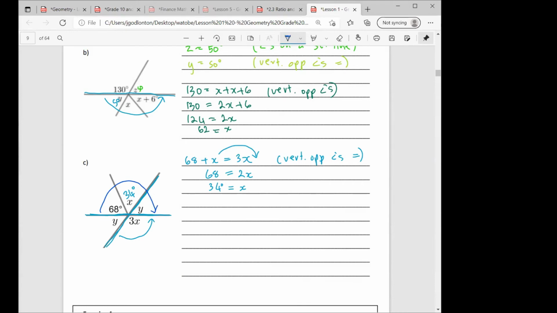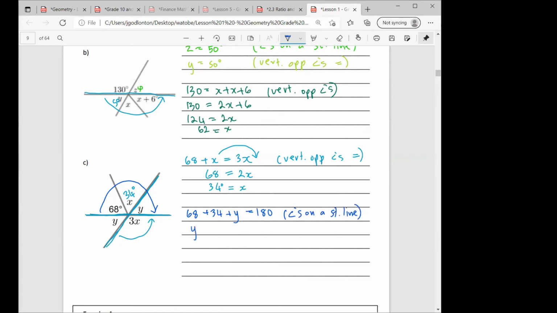Ria's just killing this. She's getting all these answers just beautifully. Yes. Okay. 68 plus 34 plus y has to equal 180 degrees because of angles on a straight line. Okay.